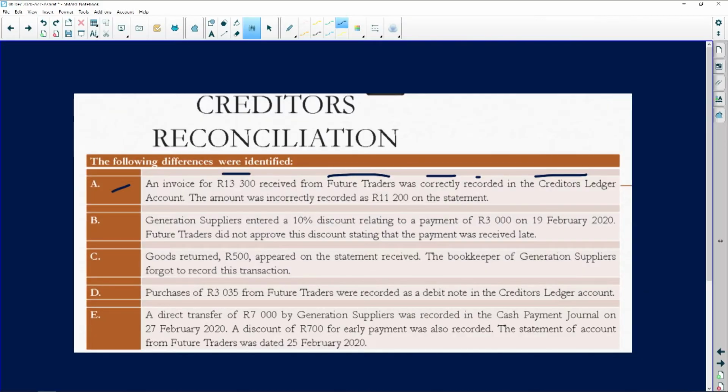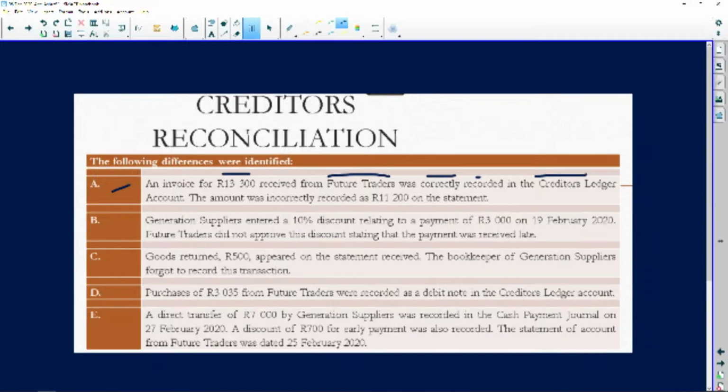Yes, in accounting you need to be mad. Obviously in an exam you're not going to scream out, but talk to yourself. Ask yourself, where has the error been made? In this case, the creditors ledger is correct, so the error has been made in the statement. So immediately you know that the ledger is correct, the statement has a problem, and we need to sort out the statement.